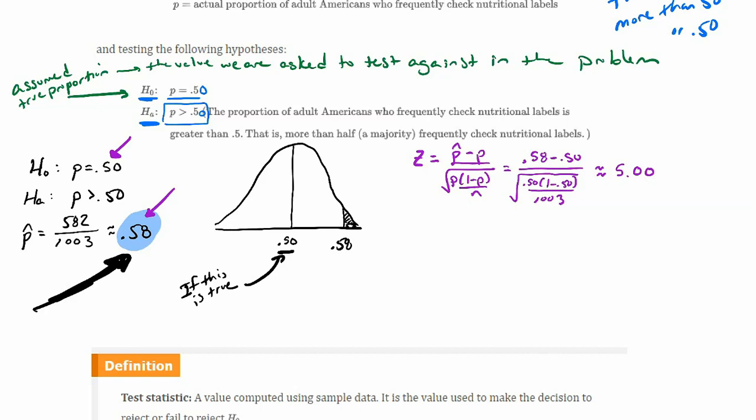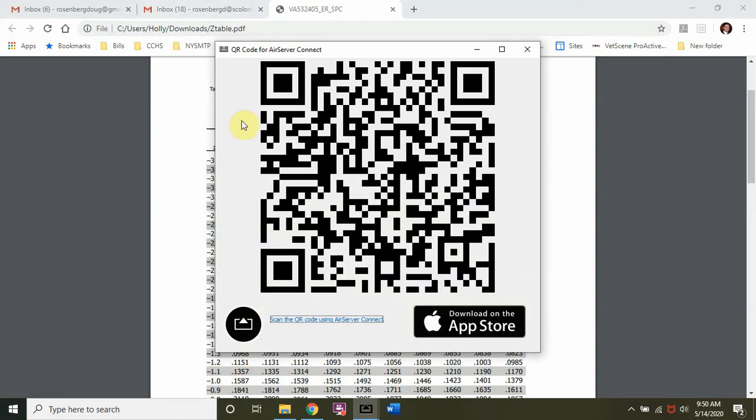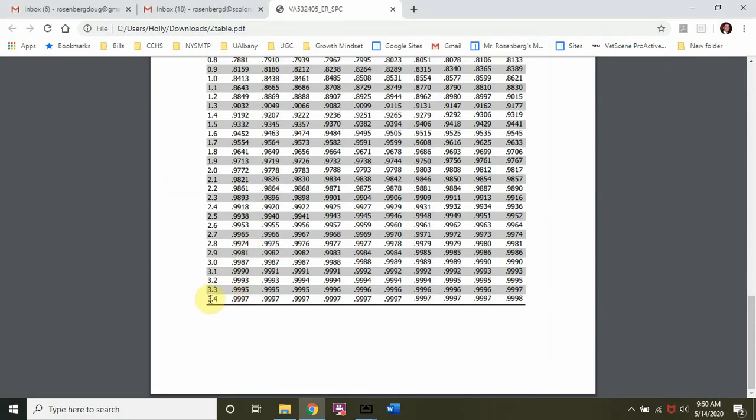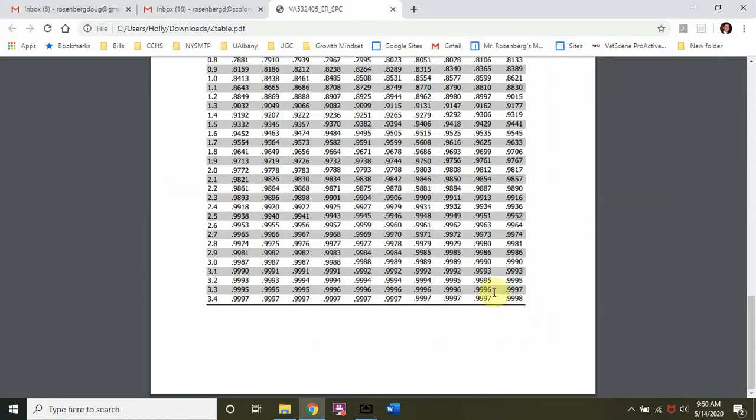I don't know what you remember about z-scores, but being 5 standard deviations above the mean is extremely unlikely. If we take a quick look at a z-table here, it goes up to 3.49, so basically 3.5 standard deviations above the mean, and we're covering about 100% of the data by that point.